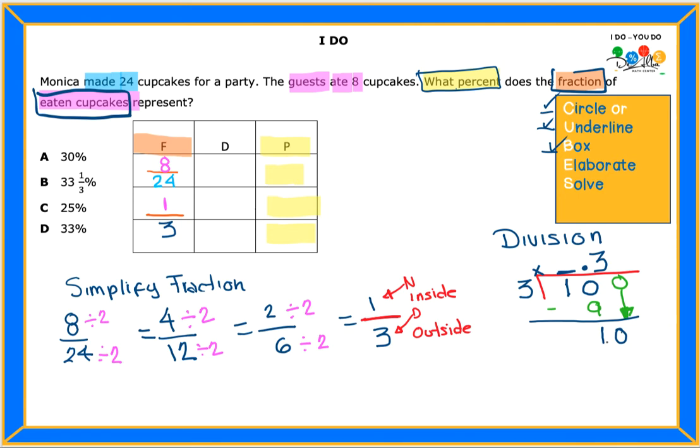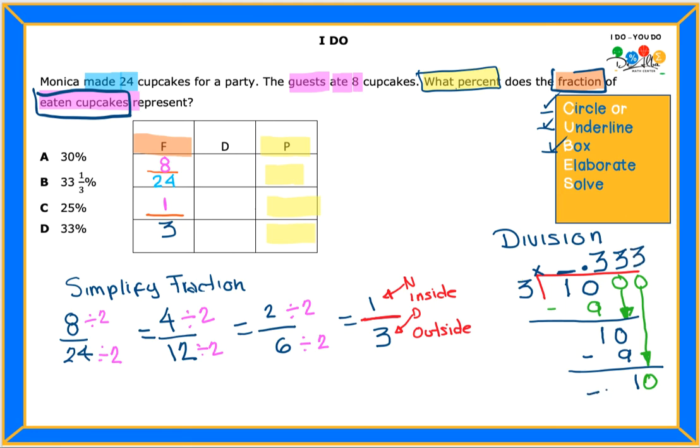3 times what is close to 10, and we already did it. Notice in here. So it's gonna be again 3. And it's gonna be again a 9. And again it's gonna be 1. And again we can add a 0. Bring it down. And then we will have to multiply again 3 times 3.